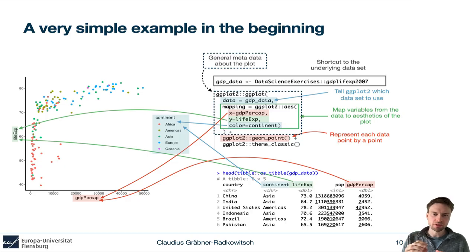The position of these points is determined by the x and y aesthetic that we have clarified before. And the color of these points is specified by the aesthetic mapping that we have defined for the color argument. So the points are colored according to the value of the variable continent in the underlying data.